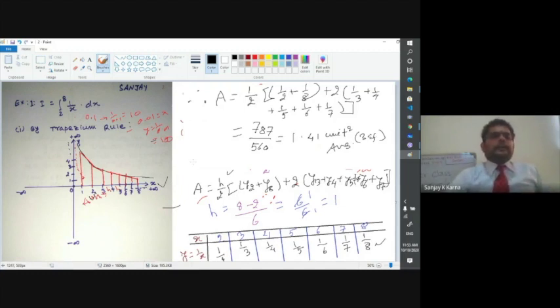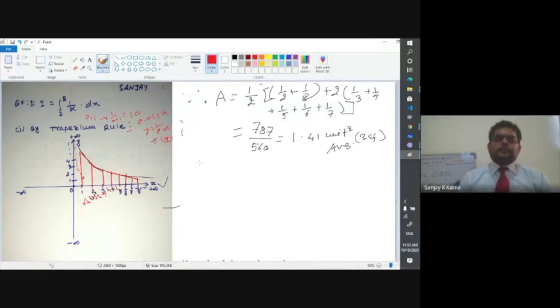Now let's see what happens if you calculate the same area by using the general integration method. So alternatively, you can see finding area by direct integration. Let's see what happens in this case.